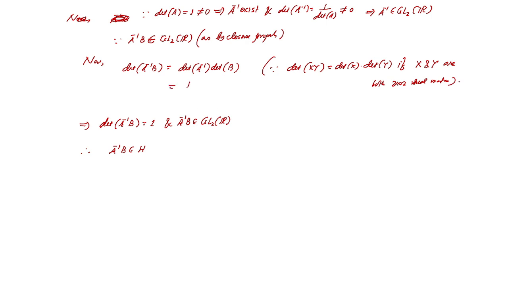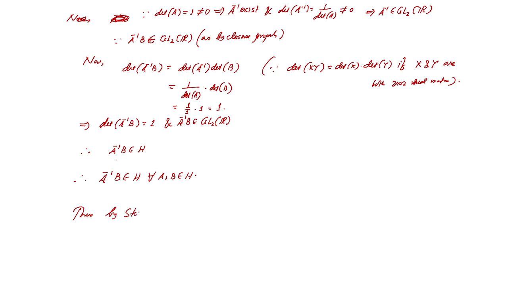So we can write 1 by det A into det B. That means it will be 1 by 1 into 1. So the determinant of A inverse B is 1, and A inverse B belongs to H. Since A and B are arbitrary, A inverse B belongs to H for all A, B belonging to H. So this is our step 2.